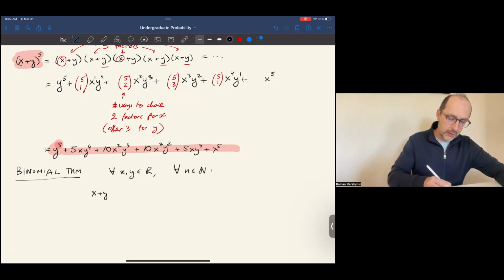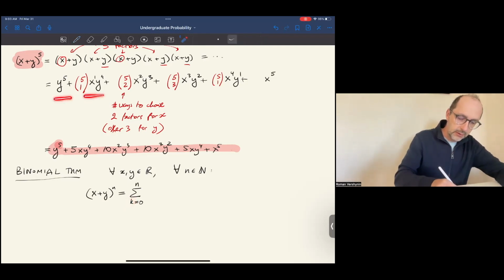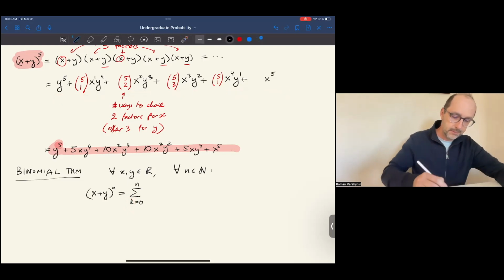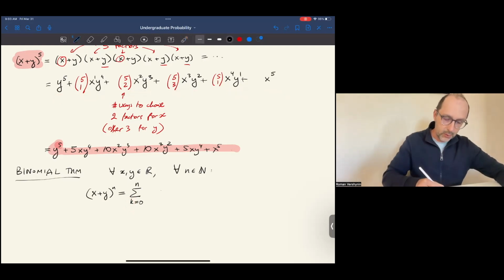(x + y) raised to the power of n will be a big sum. This is the letter for sum, going from 0 to n. k denotes the term here, and the terms are of the form x to the k, y to the power of n minus k.